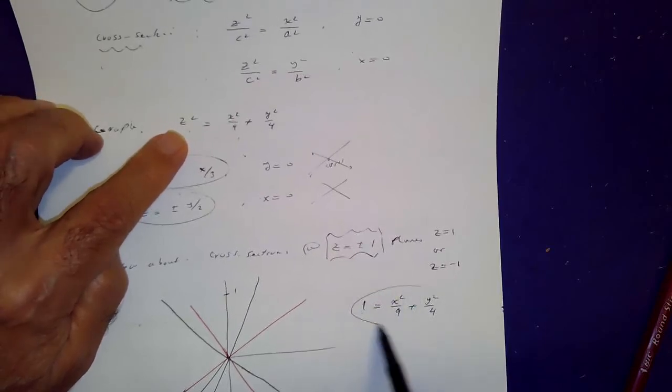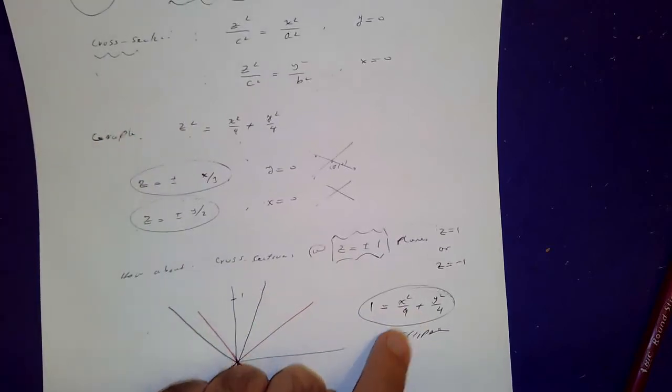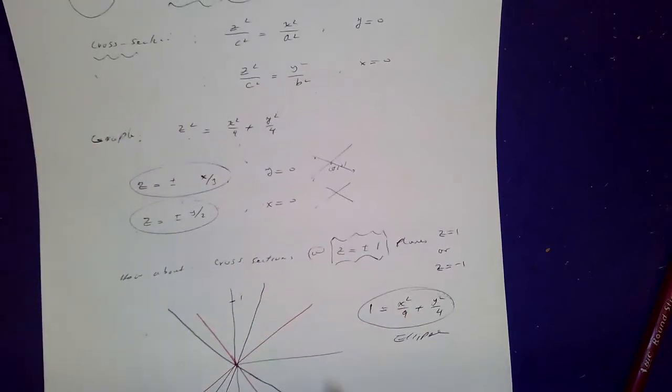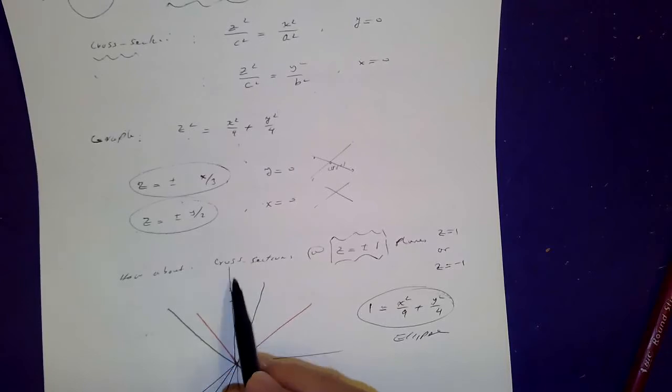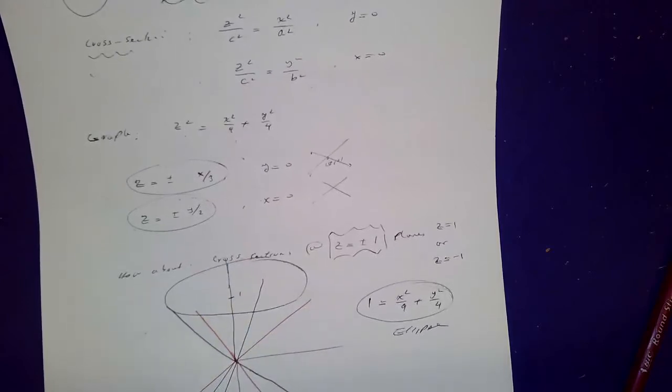And what is the graph of this guy? As you can tell, the denominators don't match, and there is a positive. So this guy is an ellipse. So what you get is something like this over here, and something like this over here.